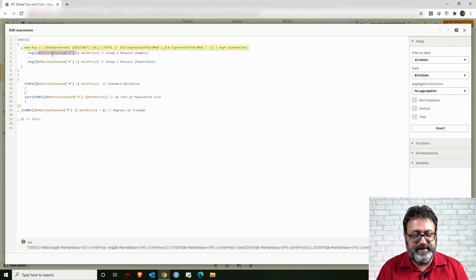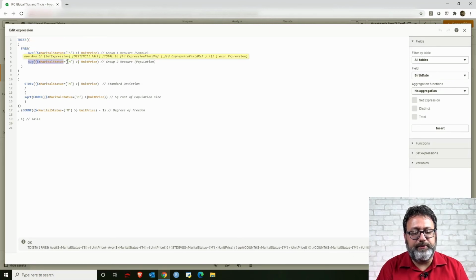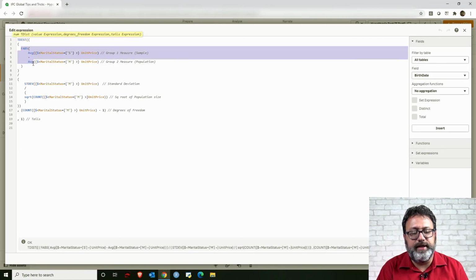So this set analysis takes the average price for single customers only. And we subtract that from the average price of married customers. So that's the set analysis marital status equals M. But I don't care if this is higher or this is higher at this point. So then I take only the absolute value of the difference. So that's why I'm using the FABS function, the absolute function in Qlik.